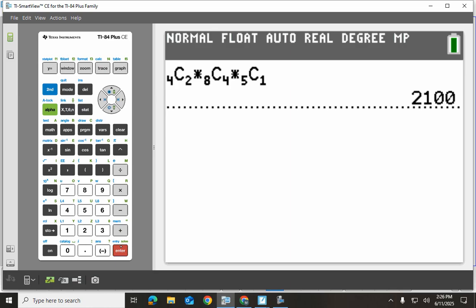So there's 2,100 lunch menus. There's 2,100 meals you could make off of the lunch menu. So you could go there 2,100 days in a row and have a different meal every single day. It's crazy.